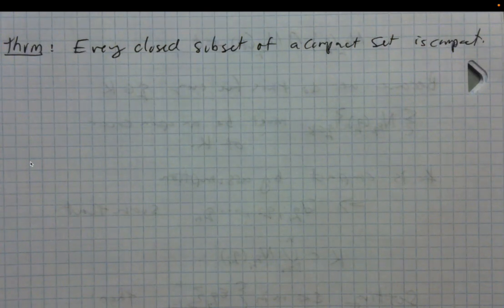Or sorry, it also is compact. This doesn't say that every subset of a compact set is compact. Indeed, I could easily give you an example of a compact set and an open subset of it that isn't compact. So compactness isn't necessarily about the size of the set. It's something else. Okay, so every closed subset of a compact set is compact.